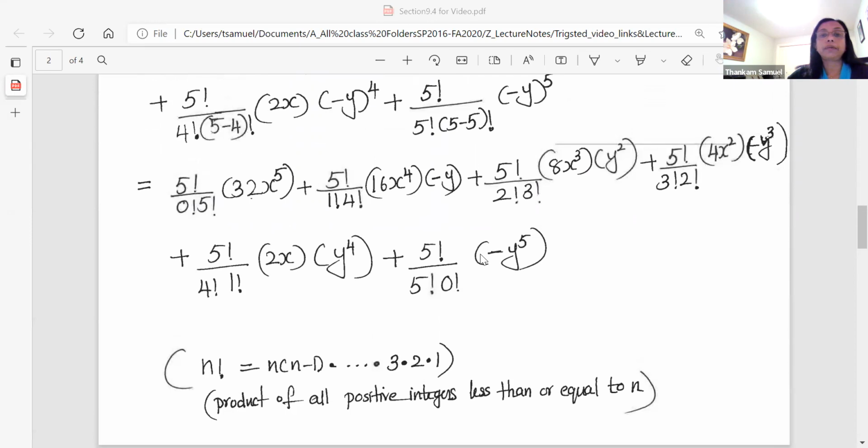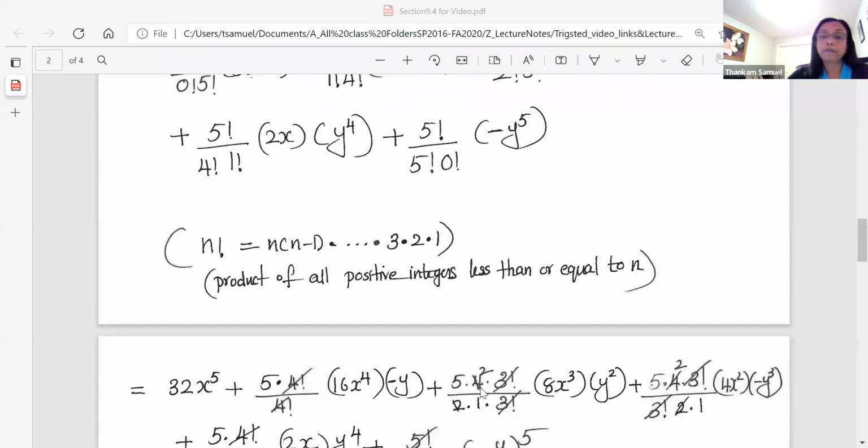And look at the third term. So 5 factorial over 2 factorial times 3 factorial. We can write 5 factorial as 5 times 4 times 3 factorial. Then we have 2 factorial as 2 times 1.